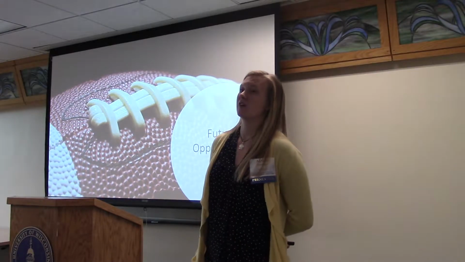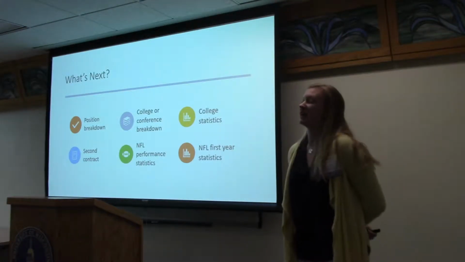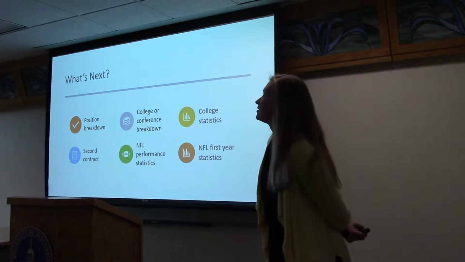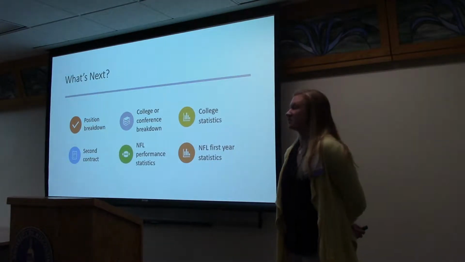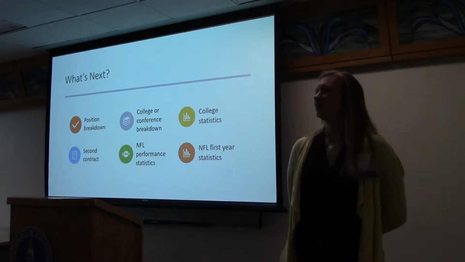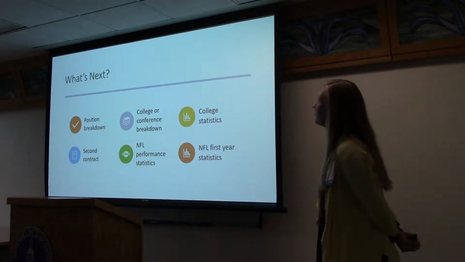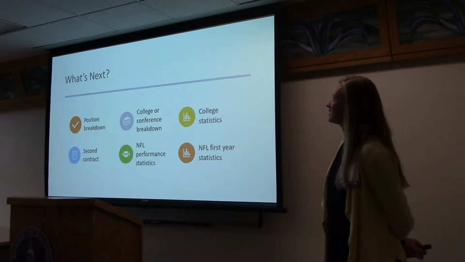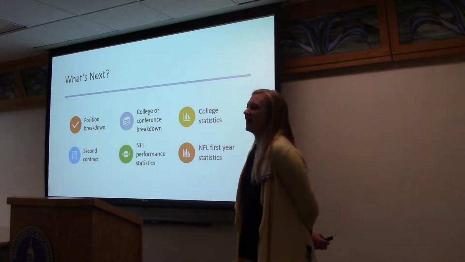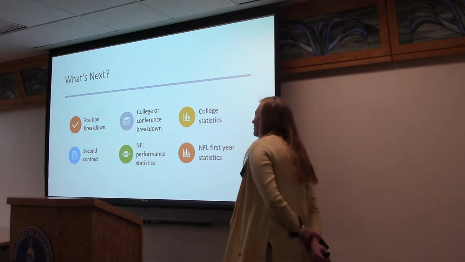So where does the future look for this? I'm looking at potentially breaking it down and grouping it by position to see if there's a better breakdown versus just overall. Next, you could look at colleges and conferences and break that down. One interesting thing I found just doing a quick run was that Alabama had the highest number of people who participated in the combine.